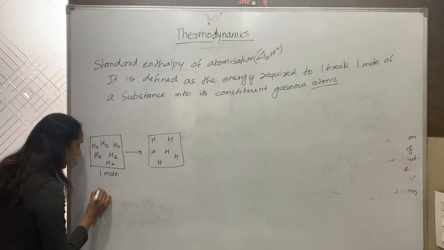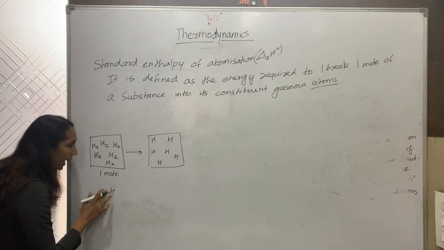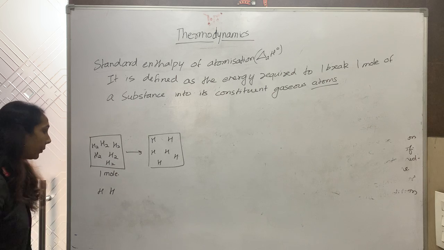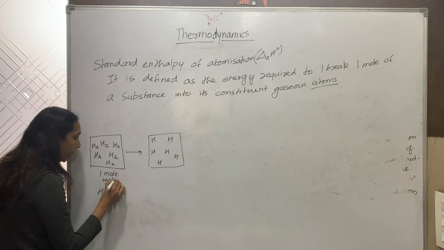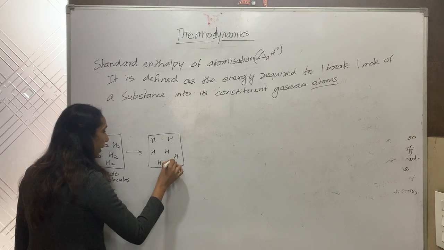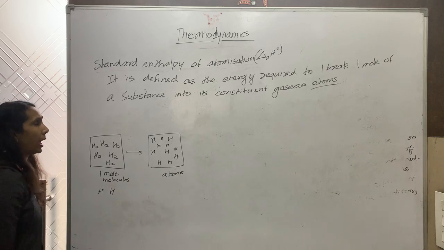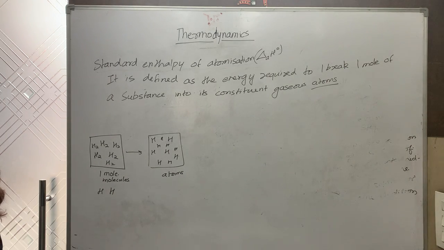How I will break? Each hydrogen molecule has got this bond. I have to break this bond and then it will break into atoms. So here it is 1 mole of molecules and I want to break it into atoms, separate atoms. The energy which is required is called as enthalpy of atomization.